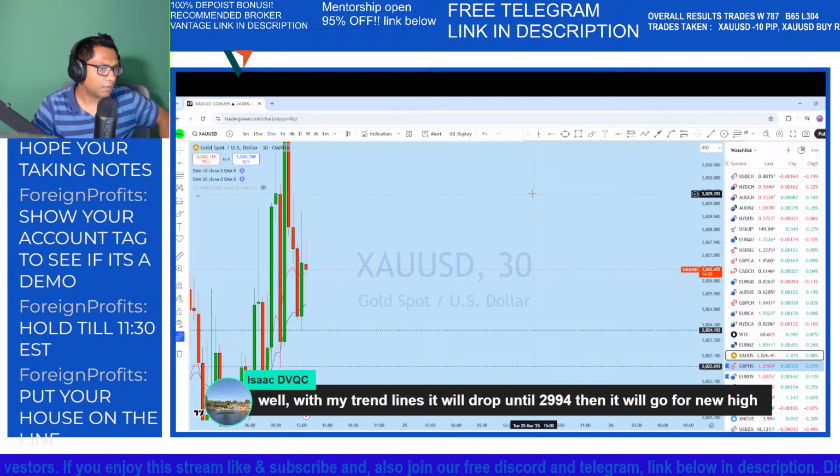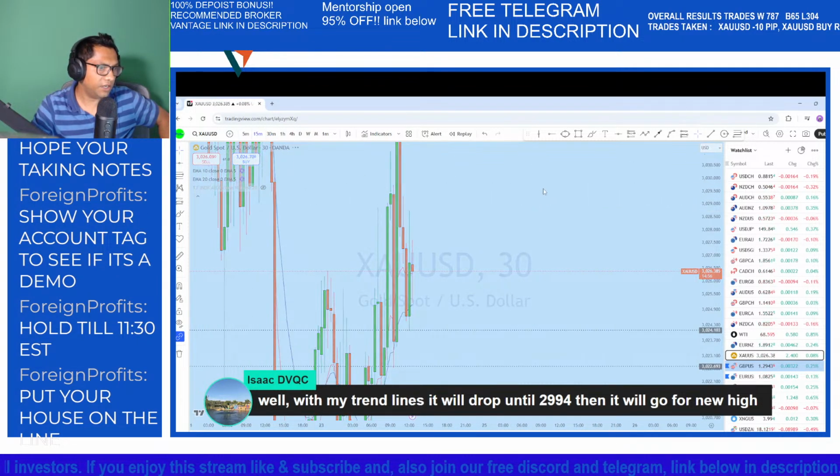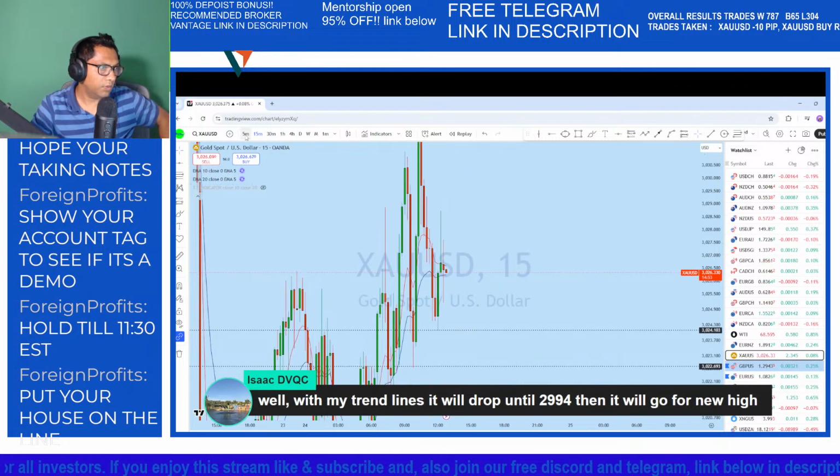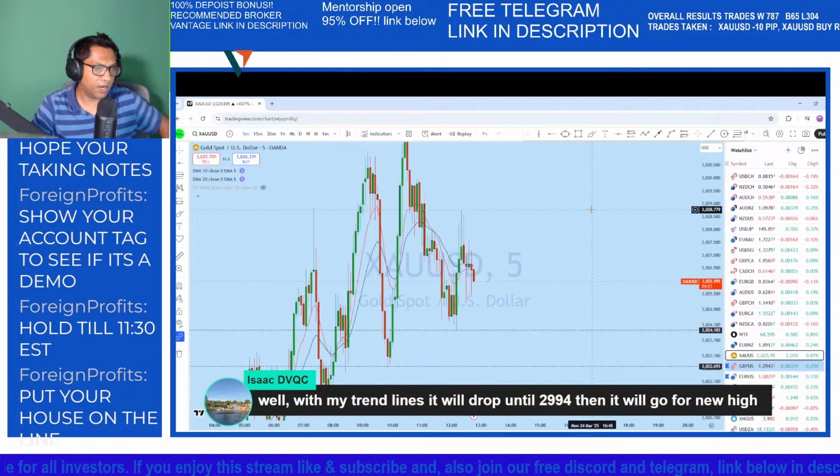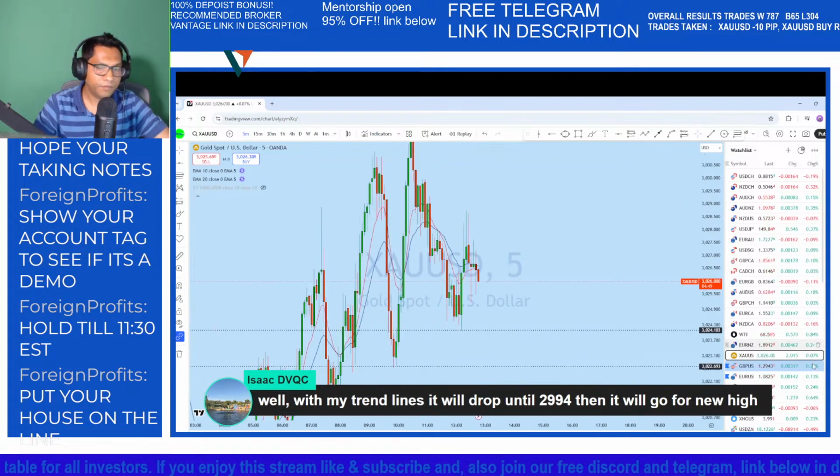This is trading in a very narrow range. We'll be waiting to see how it might be doing in that area.